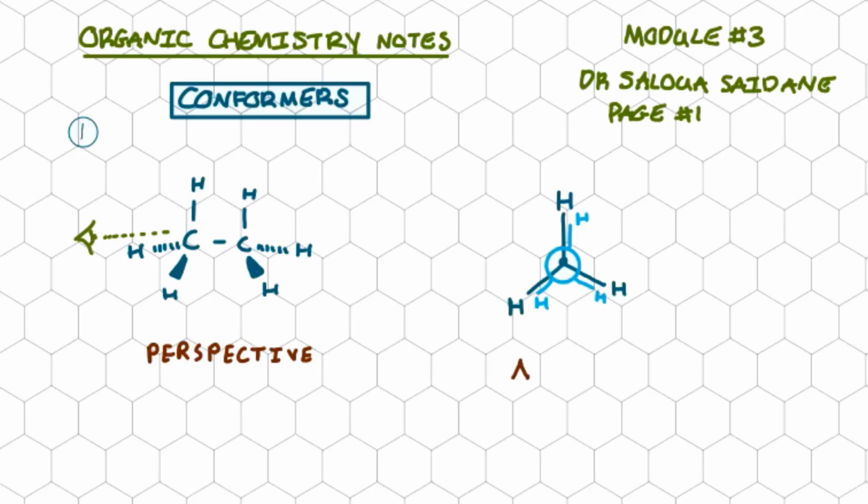So in the Newman structure, we attach 3 hydrogens: one from the top, one from bottom right, one from bottom left. The same applies to the carbon behind. We attach those hydrogens to the circle, and we make sure they don't touch the dot, because if you attach it to the dot, that means you're attaching it to the carbon in front. That is impossible, because carbon can only make 4 bonds.